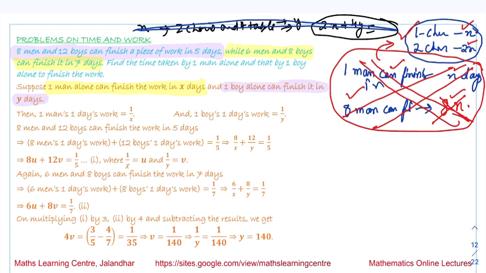Then what is one man's work in one day? It is 1 by x. What this means is, if the total work is 1, then how much part of the work has the man completed in one day? It is 1 by x.